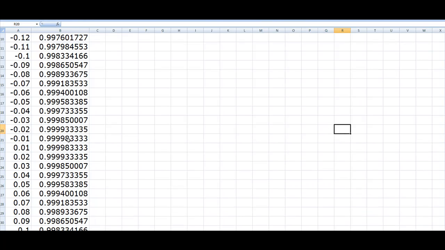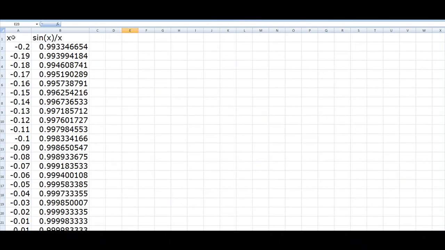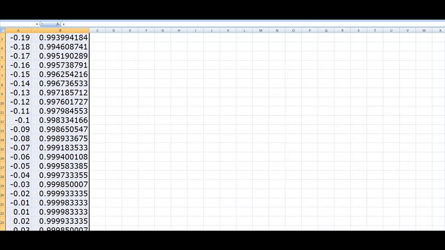We have a pretty good idea that as x goes to 0, the function values appear to approach 1. Later I shall post a deductive proof of this, but right now let's stick to this numerical approach. So as x approaches 0, sine x over x approaches 1.